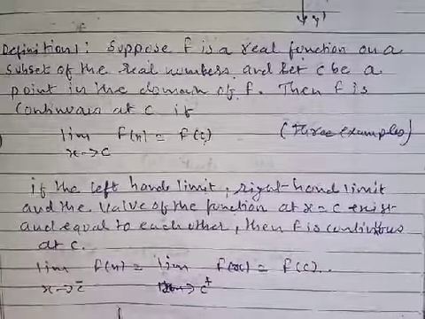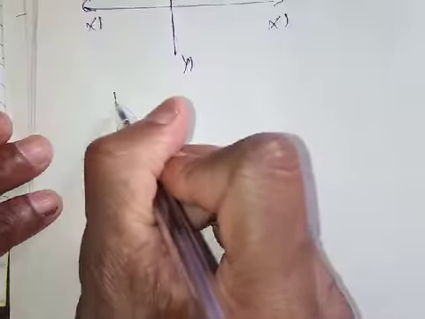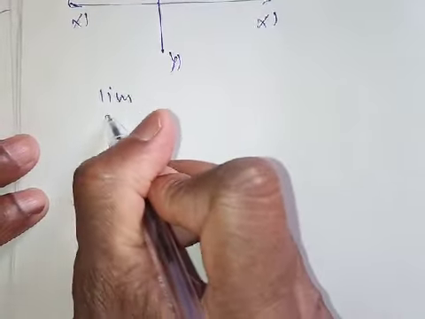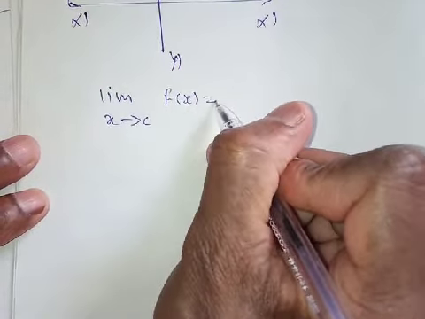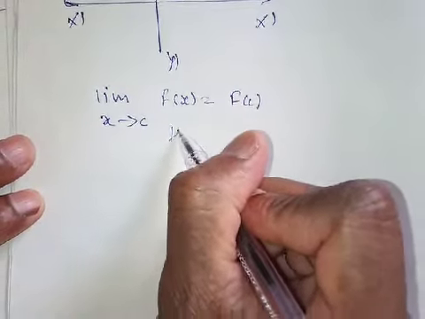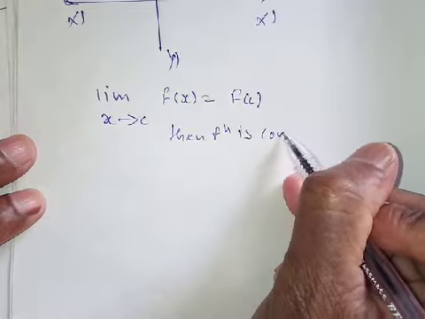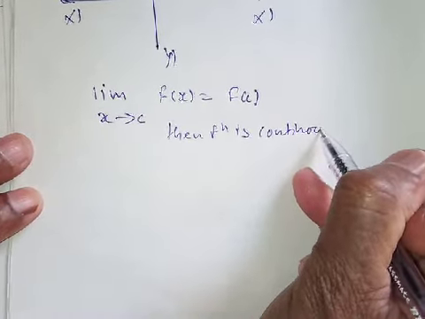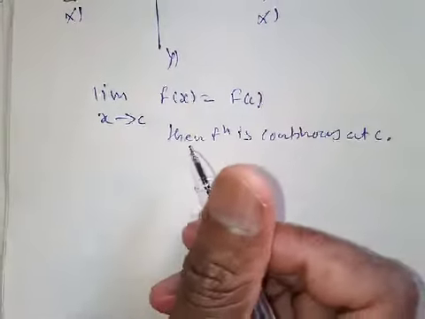What I said is that limit x tends to c of f of x is equal to f of c, then the function is continuous at c.